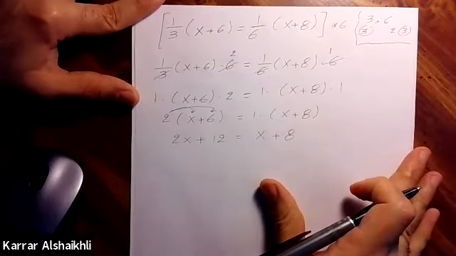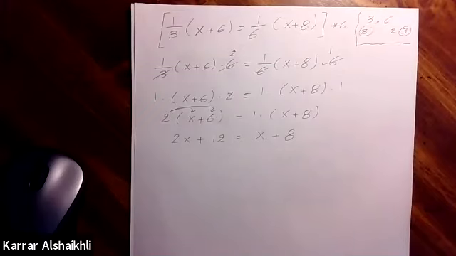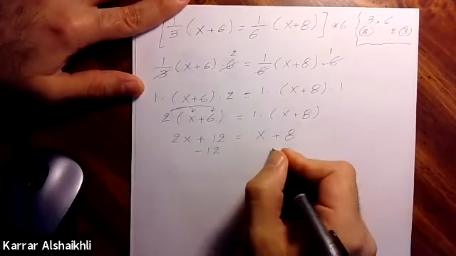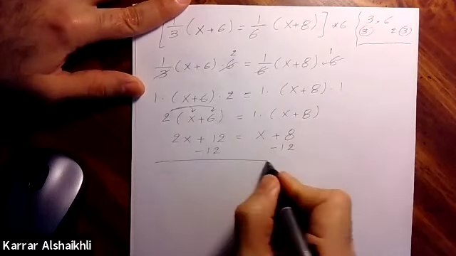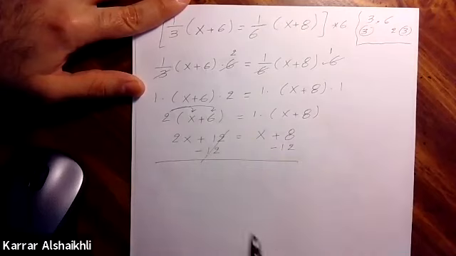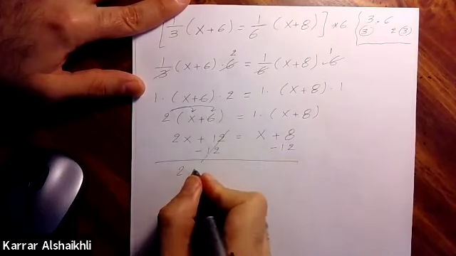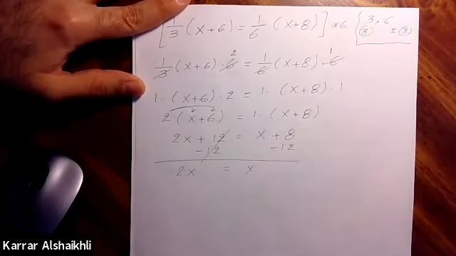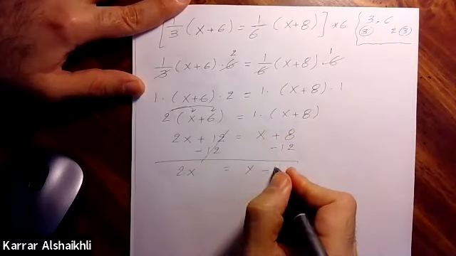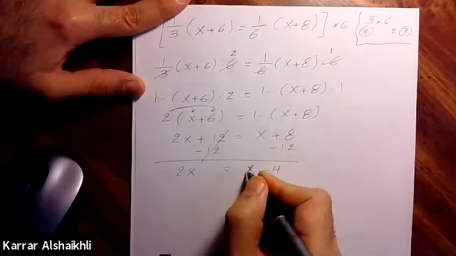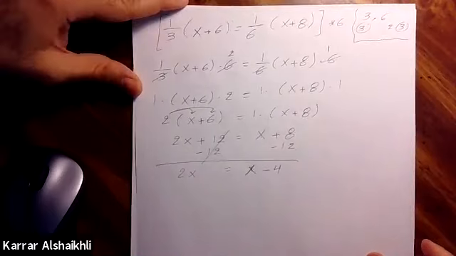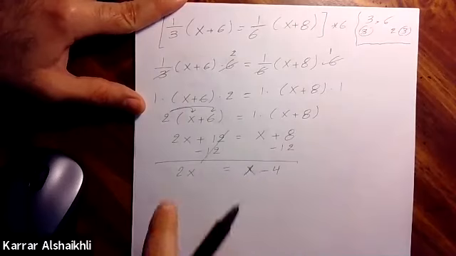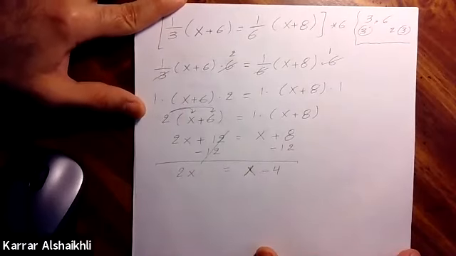How are we going to solve this one? We're just going to move the variable to one side and the numbers to the other side. So I'm going to say minus 12, cancel these. On this side is 2x equal. The leftover here is just the x. 8 minus 12 is going to be negative 4. The last step, you're going to move the variable to the left side.